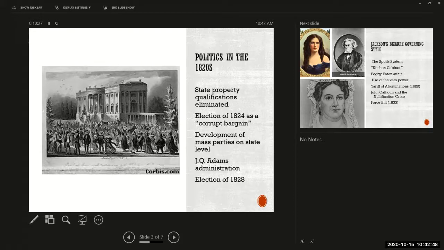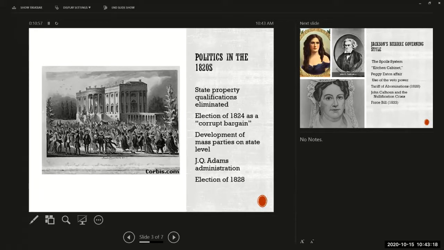So she was married to Jackson, but she was also married to Robards, her previous husband. The allegations of adultery in connection with this stressed out Rachel Robards Jackson so much that she had a heart attack and died before Jackson was actually inaugurated in 1829, and Jackson was just a simmering mass of hatred.